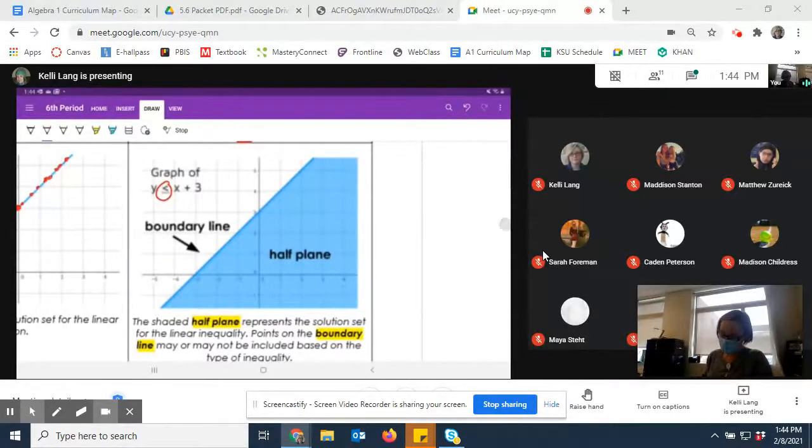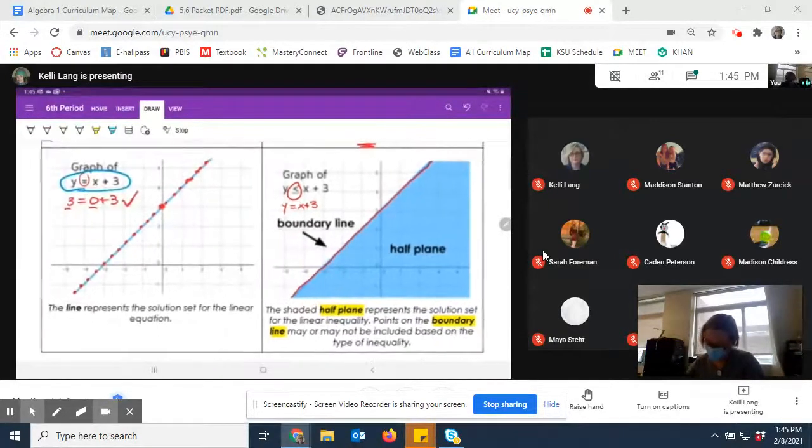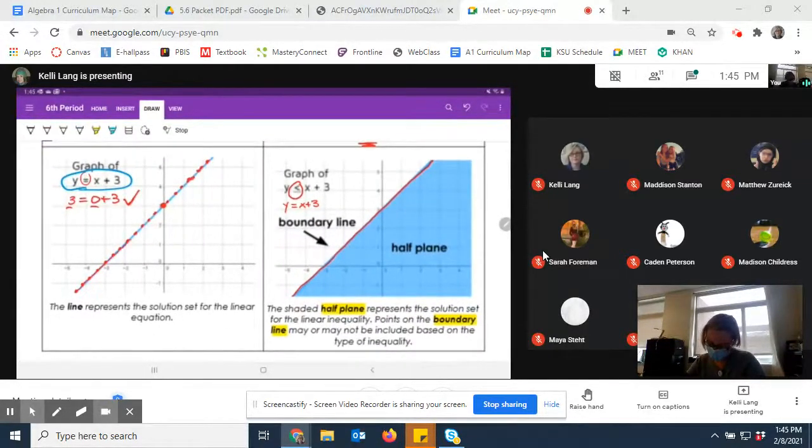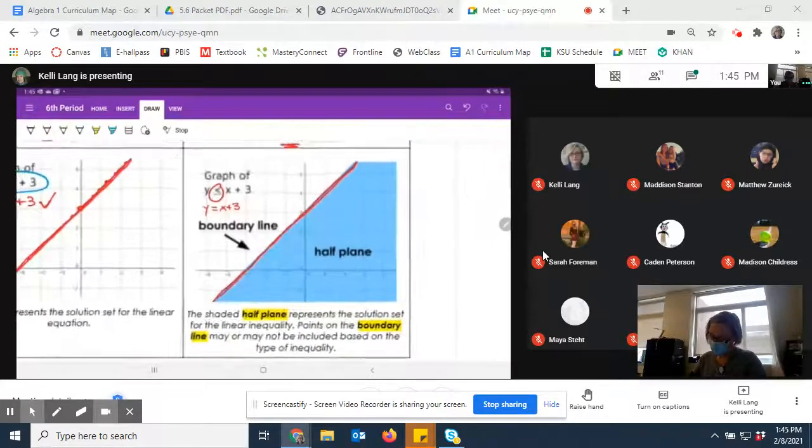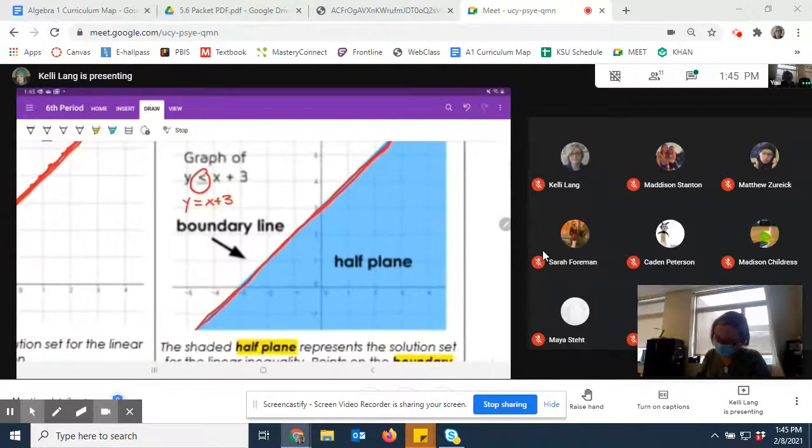The line y equals x plus 3 is what we call the boundary line. So notice that these two lines are actually the same. This one's just a boundary over here. But because it's not strictly equal, because it's technically less than or equal to that line, we don't need just the boundary line.